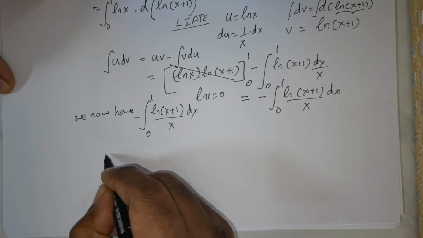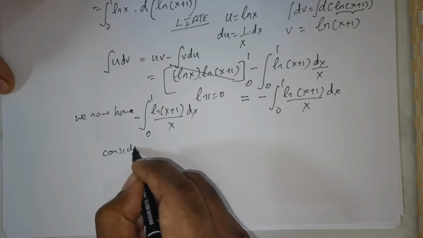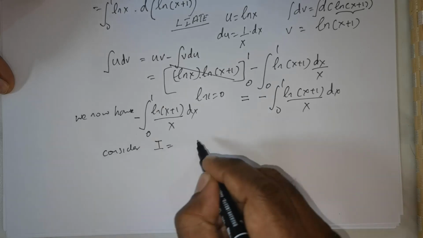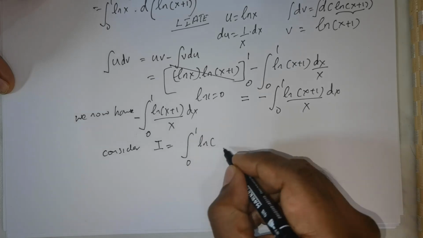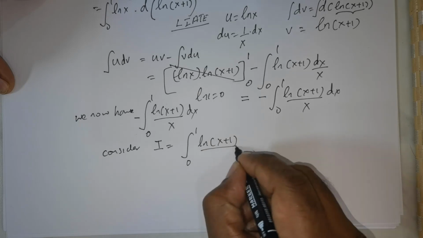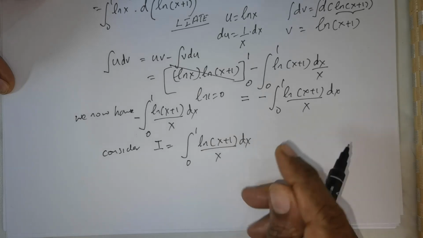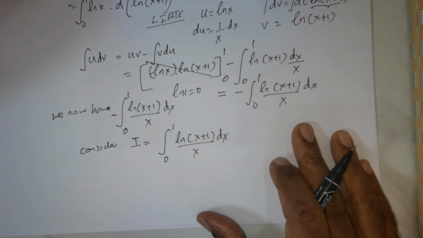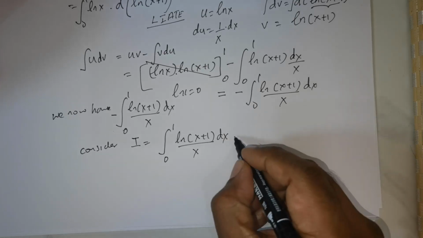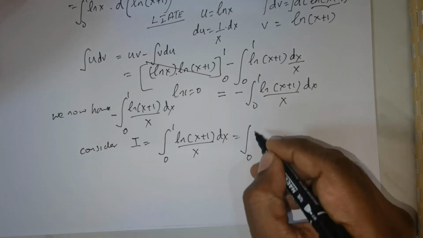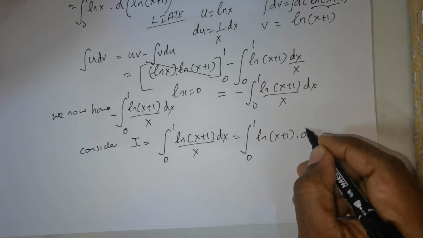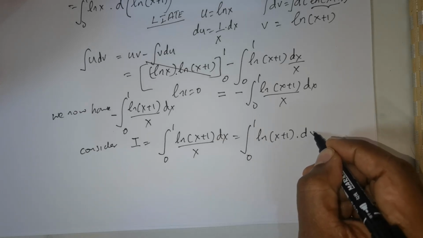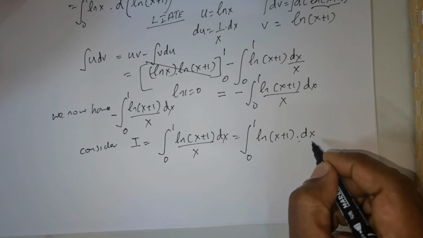So what I will do is consider I to be equal to the integral from 0 to 1 of ln of (x + 1) divided by x times dx. Now what I wish to do is rewrite this as the integral from 0 to 1 of ln of (x + 1) times dx over x.